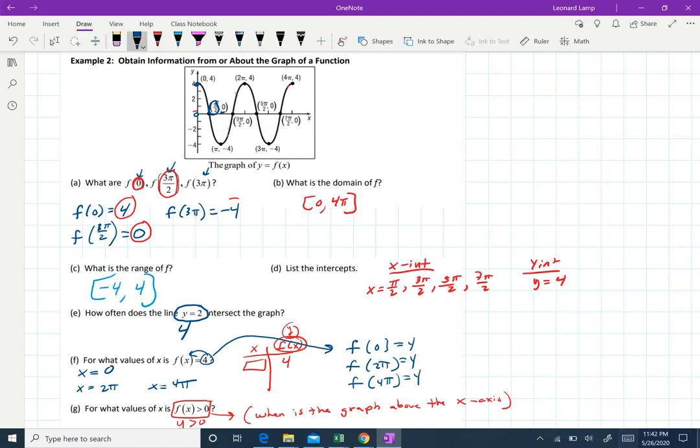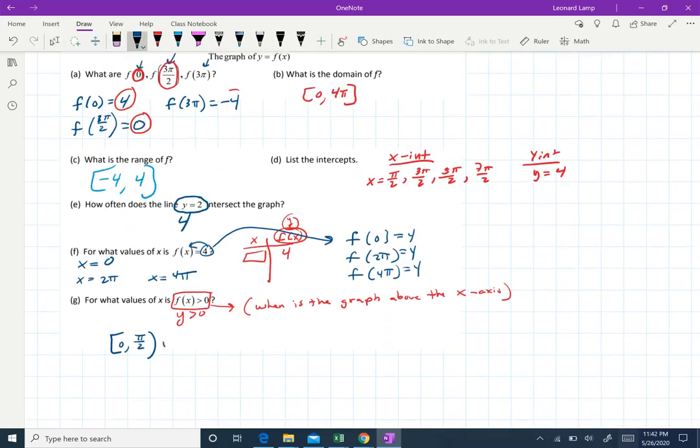And then it's also above the x-axis from this x value here, which is actually 3 pi over 2, to this x value of 5 pi over 2. So then we can say also from 3 pi over 2 to 5 pi over 2. Notice I don't include either one of those values either, because they hit the x-axis there, and I just want to know when it is strictly above the x-axis.